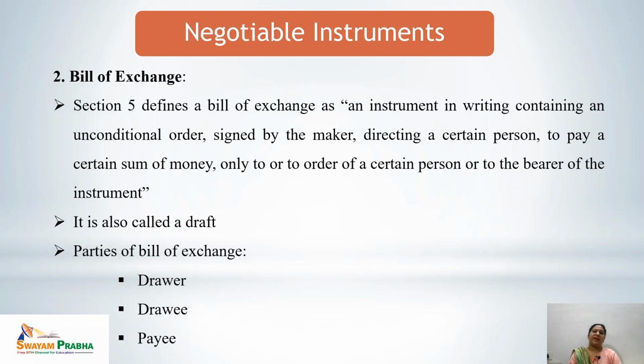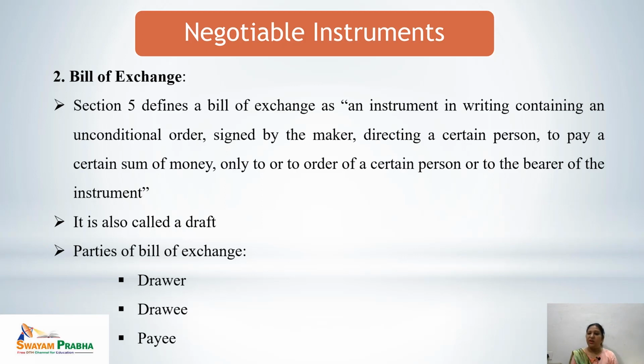So now let's move to the second type of negotiable instrument, that is the bill of exchange. Section 5 of the Negotiable Instruments Act 1881 defines the bill of exchange. What is a bill of exchange?